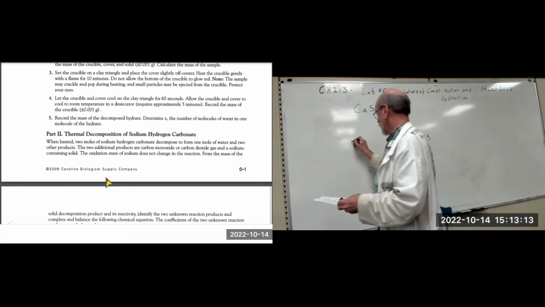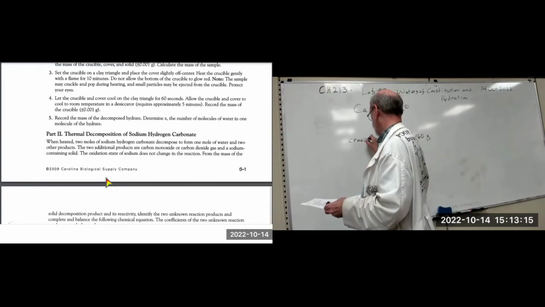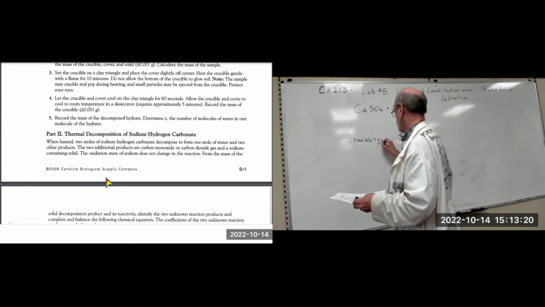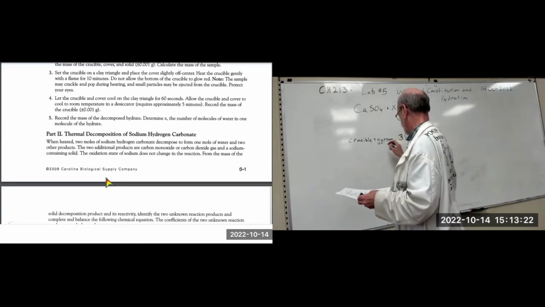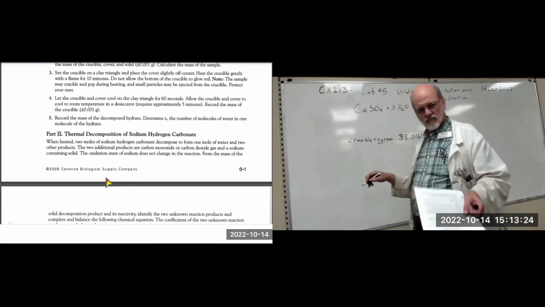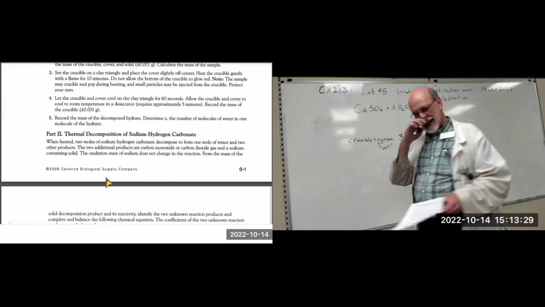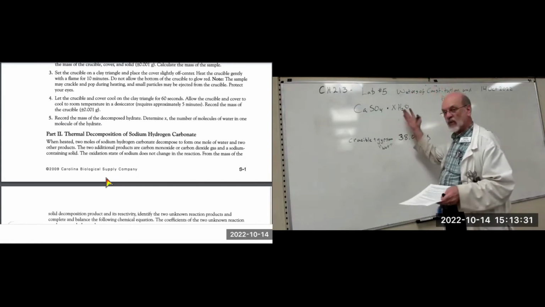And this is the crucible plus gypsum. What we usually say is wet. I mean, it's not really wet, but it still has water in it.